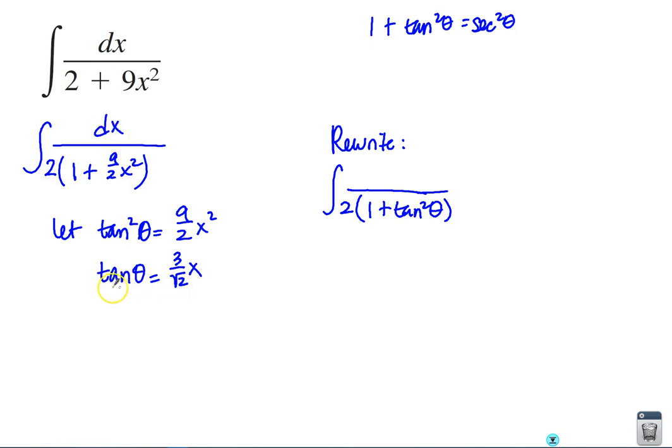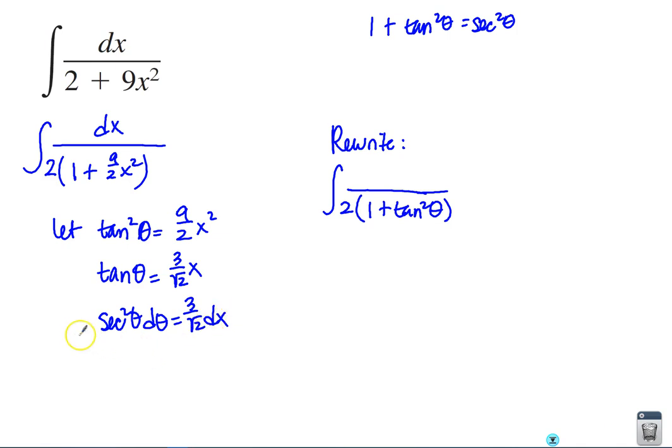Well, I do that by taking the derivative of this. The derivative of tangent theta is secant squared theta d theta, and then 3 over root 2 the dx. Because remember, again, it would be d theta over dx, and you move the dx to the other side. Okay? But I don't want this thing. I just want dx.